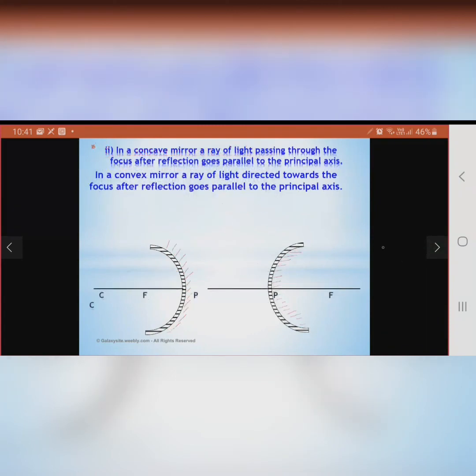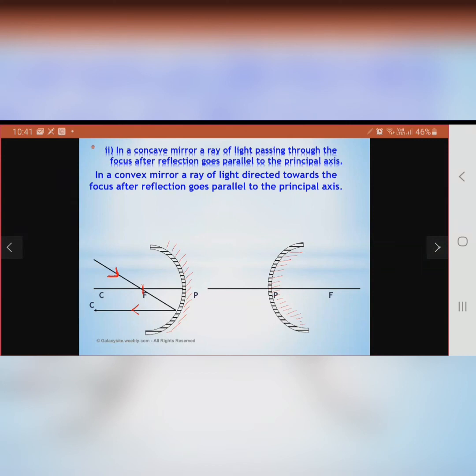So the rule becomes: any incident ray which passes through the focus of the mirror, after reflection, will become parallel to the principal axis.